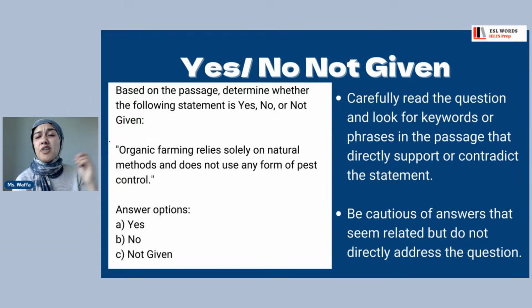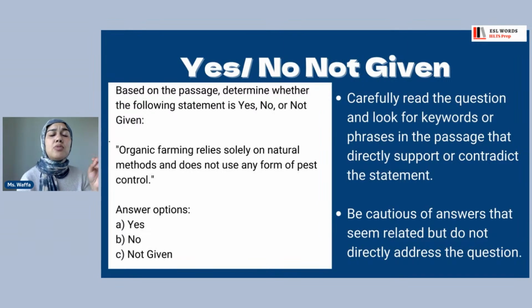So the steps for the yes, no, not given question is you need to carefully read the question, look for keywords or phrases in the passage that directly support or contradict the statement. And finally, guys, you need to be cautious of answers that seem related but do not directly address the question.